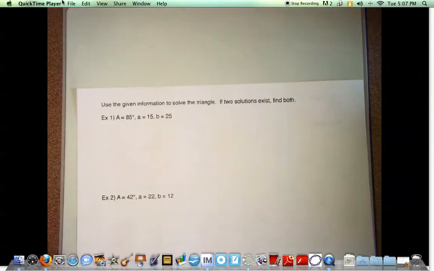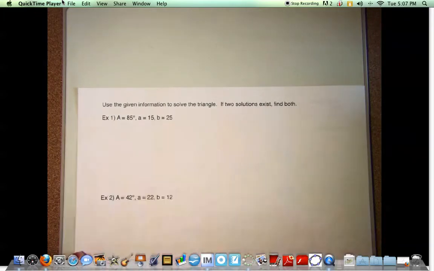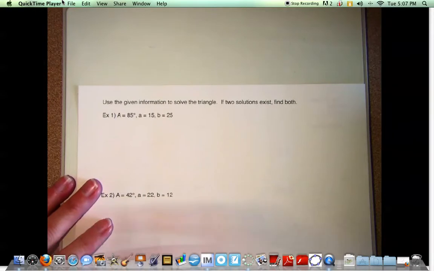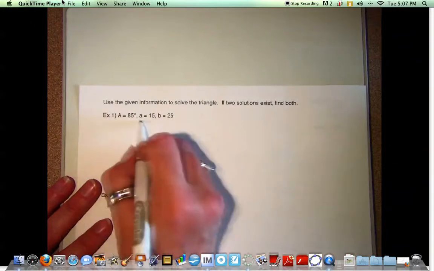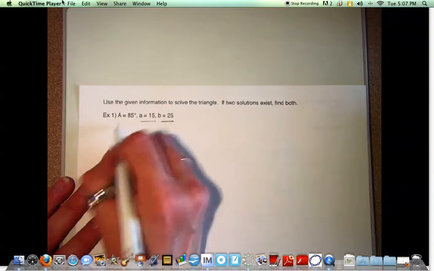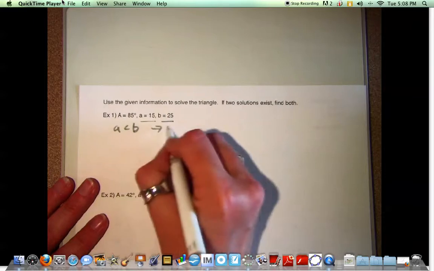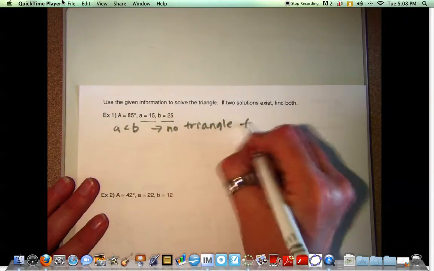All right, example 1. We have angle A is 85 degrees, a is 15, b is 25. Quite often you'll want to draw yourselves a picture. You don't have to if you don't want to. You can look at what's given to you. So we know that a is less than b, so we think that there's no triangle formed, but we need to double check.